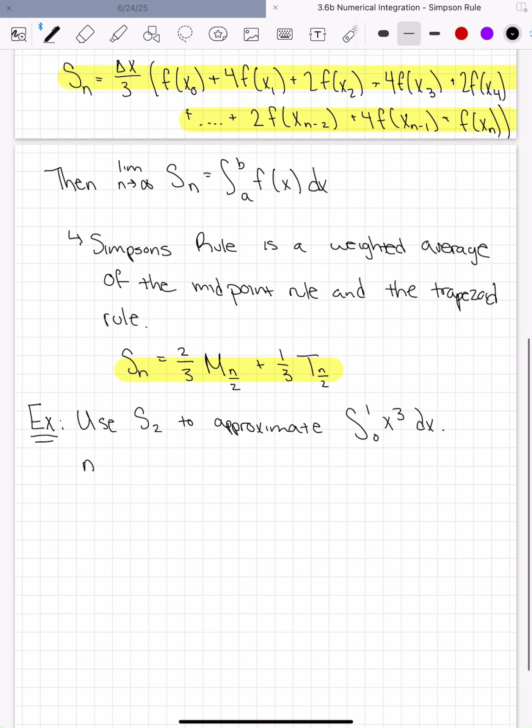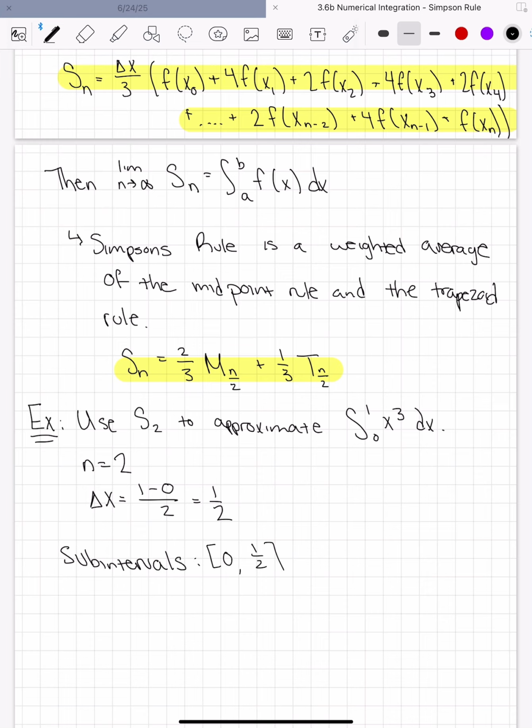So n here is equal to 2, right? That's the number of subintervals. So then the change in x is going to be (1 minus 0) over 2, which is 1/2. So that makes our subintervals, right? We start at 0, go over to 1/2, go from 1/2 over to 1. And those are our two subintervals.